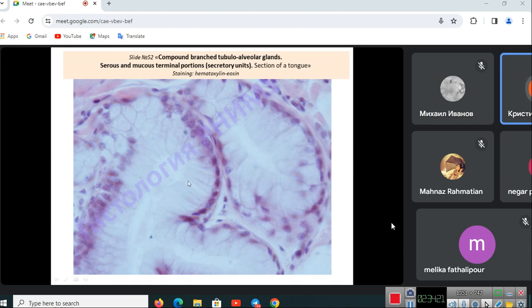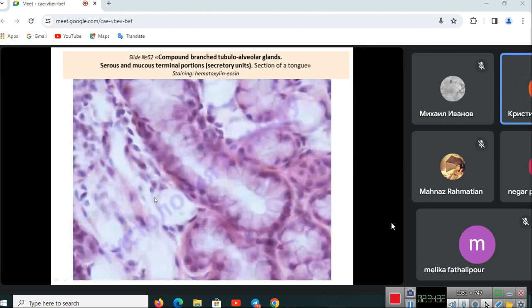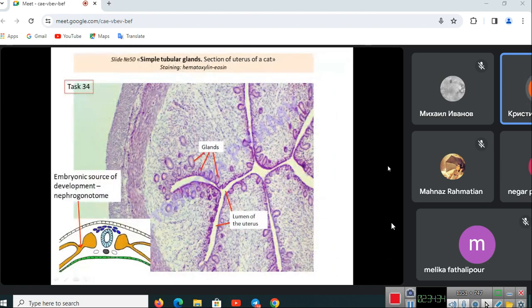You can see the borders between mucocytes. The cell nuclei are flattened, squeezed to the basal portion of the cell. Here is the lumen of the secretory portion. Another example. And we go next to the next preparation.